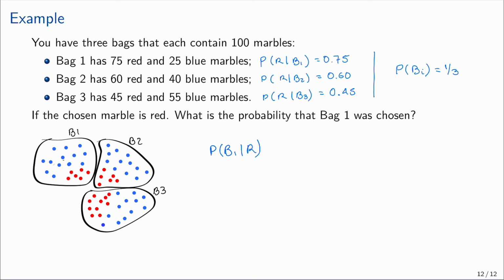This is the probability of red given that we select bag 1, and that one is known, and then we multiply by the probability of bag 1, and as usual we divide by the probability of being red.